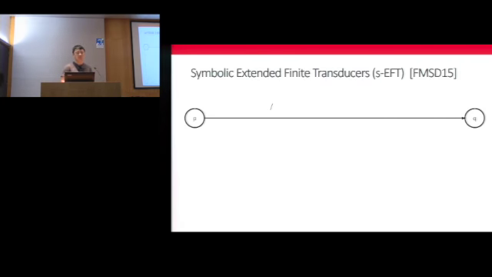Then let's look at symbolic extended finite transducers to see why they are expressive enough to model the encoders. A symbolic extended finite transducer is a kind of finite state system which contains a finite number of states, final states, and transitions. Here is an example transition of it. Firstly, the transition can read multiple characters each time, for example, 3.